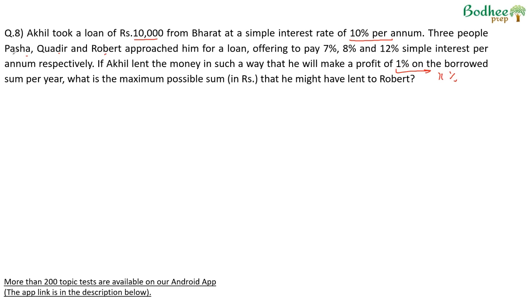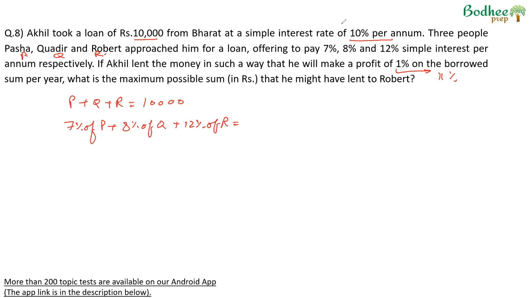Suppose the money lent to Pasha, Kadir, and Robert is P, Q, R respectively. We can say that P plus Q plus R will be the amount of money that he had, 10,000 rupees from Bharat. The interest on this will be 7% of P plus 8% of Q plus 12% of R. This will be the overall interest that Mr. Akhil gets.